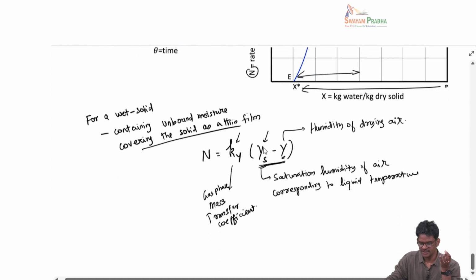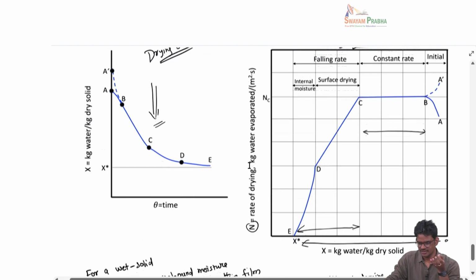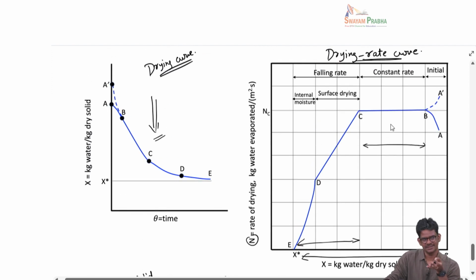And then if you write the expression for gas phase mass transfer, all the quantities involved, the driving force, the mass transfer coefficients, these are all constant. So you can say that the constant drying rate period that you see here is characteristic of a drying of an unbound moisture.